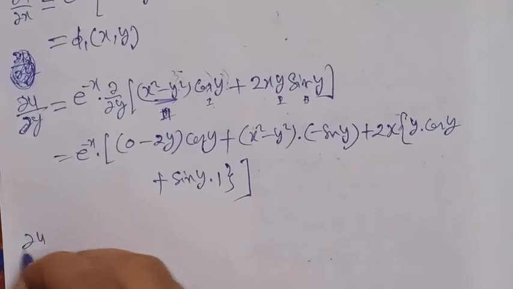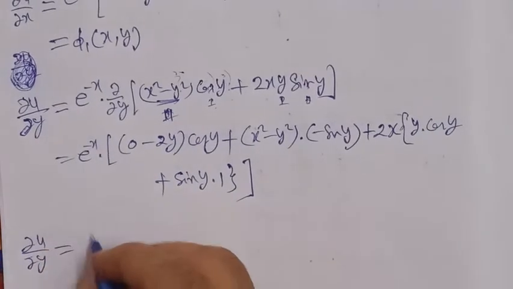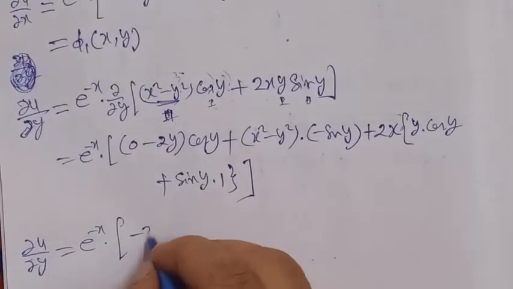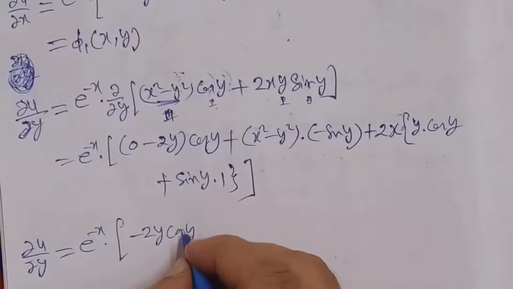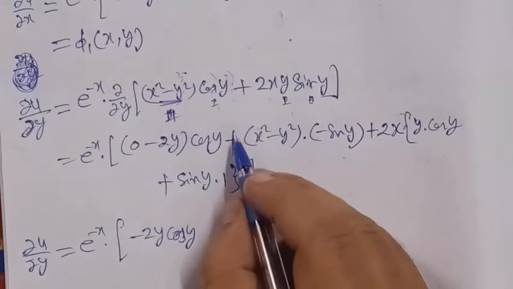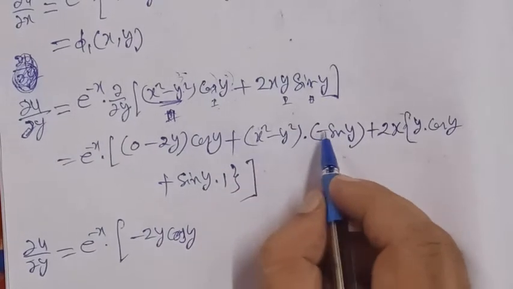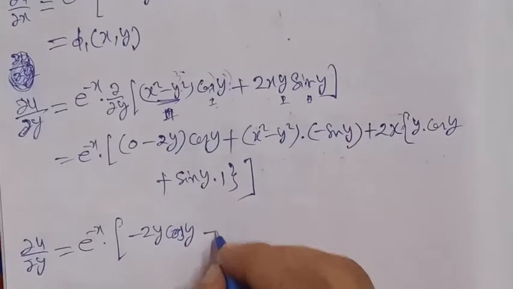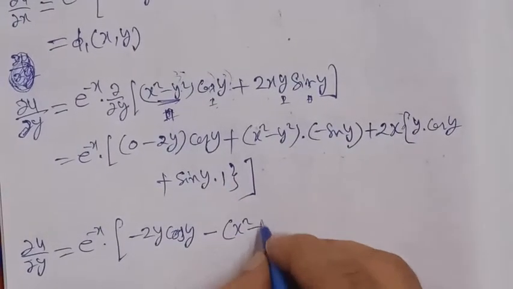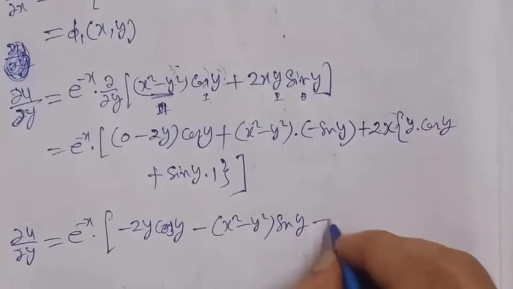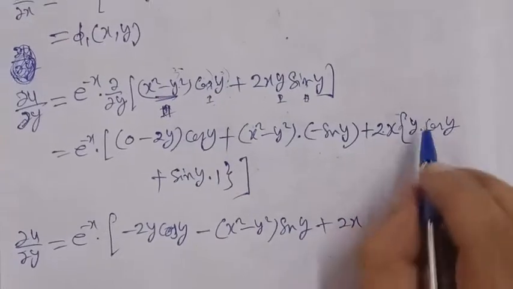So we get ∂u/∂y equal to e^(-x) [-2y cos y], and this sign converts to minus because of the minus sign multiplication, so we get minus x² minus y² sin y plus 2x.